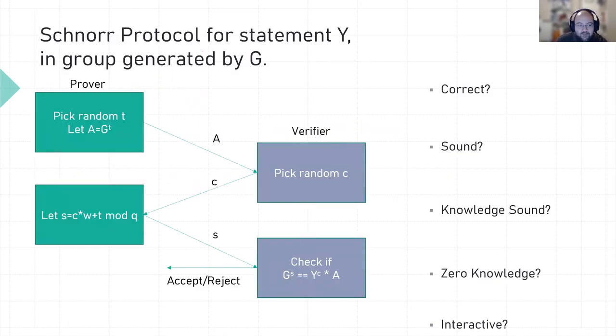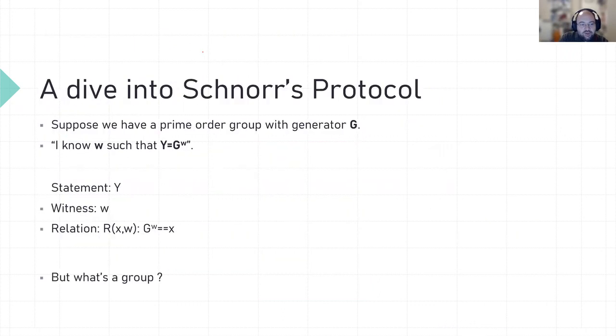So back to the Schnorr protocol. What does the Schnorr protocol tell us? It tells us that in some way, we actually know the discrete log of some element. Now, we just said that given a random element, finding the discrete log is extremely hard or presumed to be infeasible.